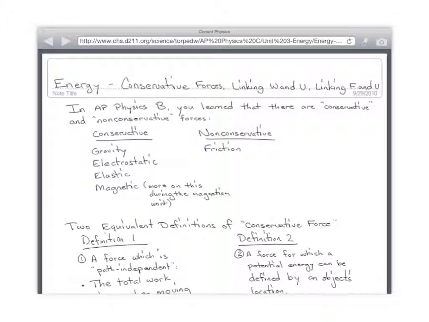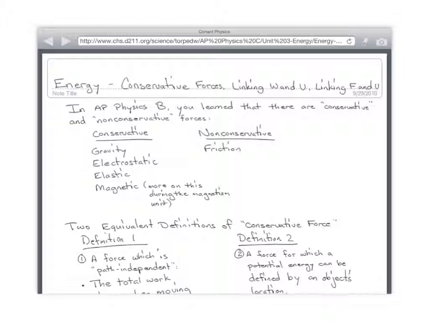If I go from here to here, gravity did -1 joule of work on me. If I go from there to there, it's -2 joules of work. That means if this is the 0 energy spot, this is the 1 joule of potential energy spot, and this is the 2 joule spot. See how that works?